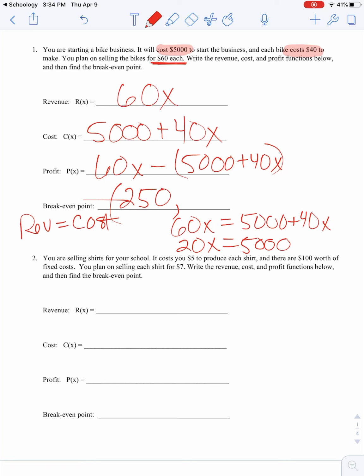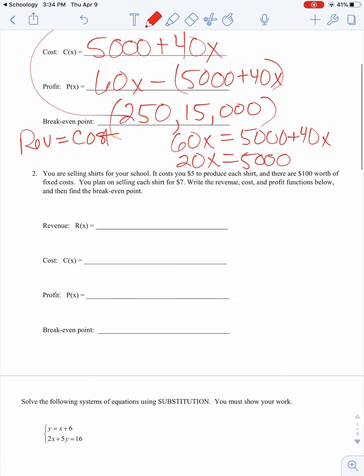It's the same amount. I would probably just plug it into your revenue because it's easier, and you get 15,000. So when do you start making money? You start making money after you sell 250 bikes. More than 250 bikes. So when you sell 251, woohoo, you're making money.